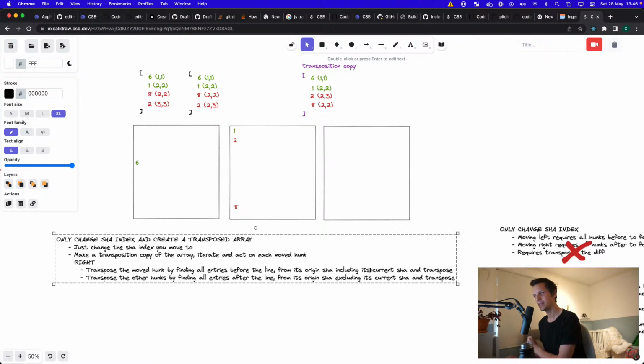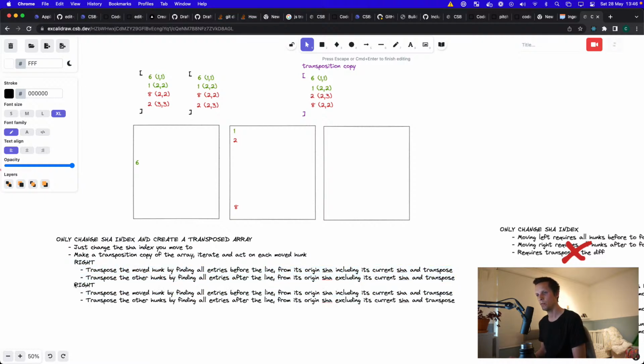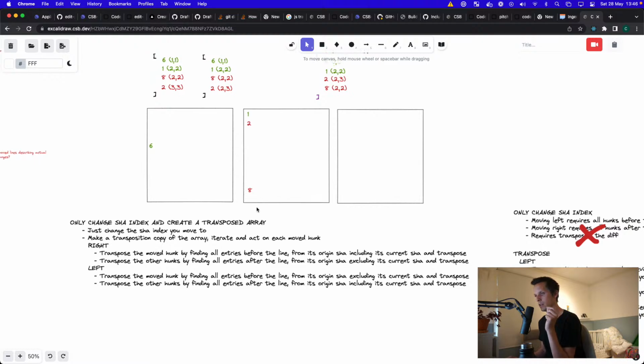Yeah, that's the thing. I think that's the difference. So this was right. I have a feeling this is going to be opposite when we move left. It's going to be excluding its current SHA and then including. That's my hunch. So let's reiterate.